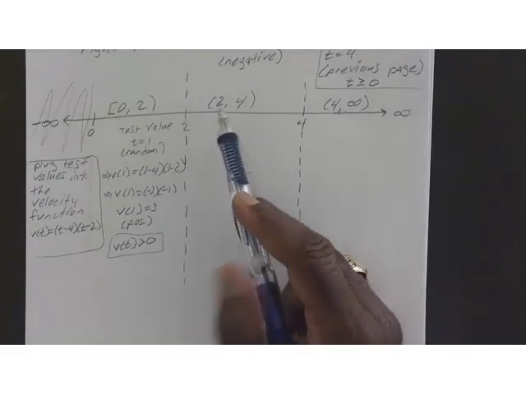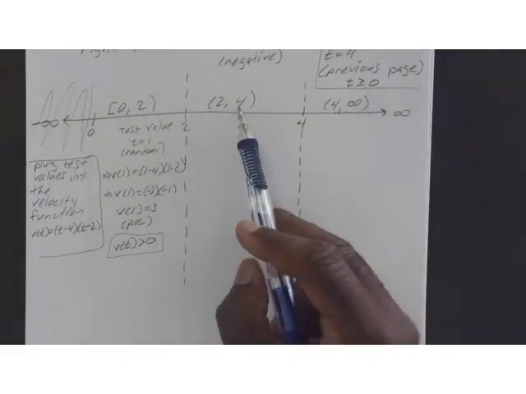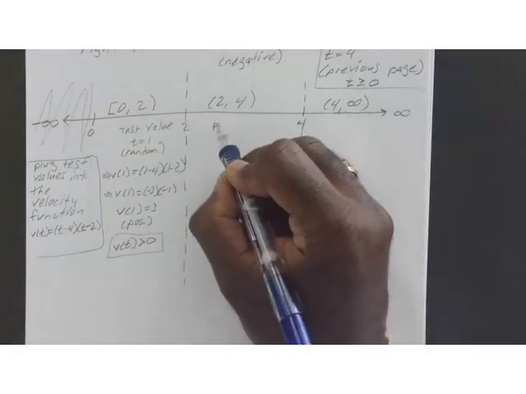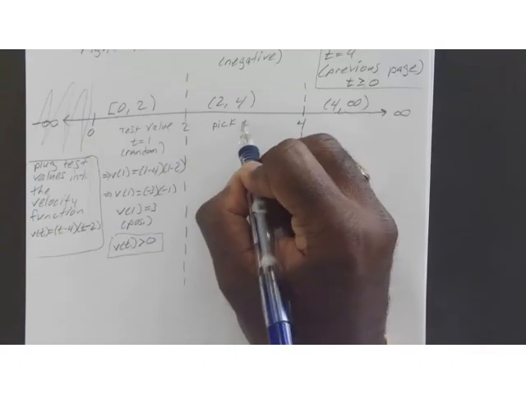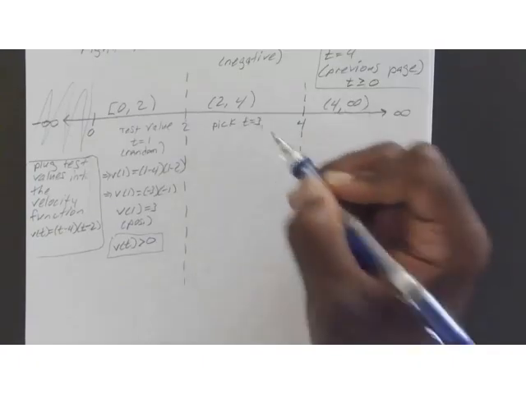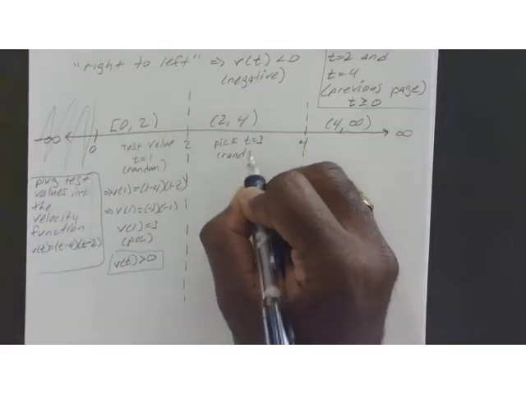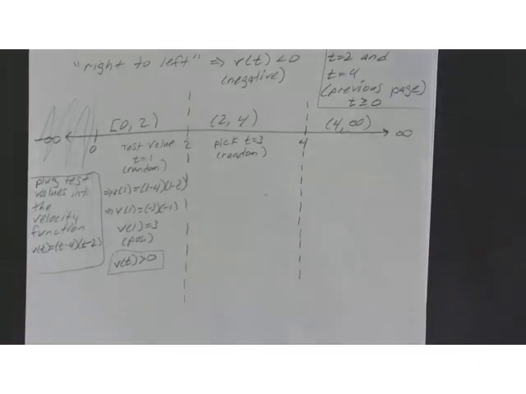Okay, now we do the same thing for the interval from 2 to 4. Again, you just pick any test value between there. I'll pick t equals 3 seconds. Again, that's completely random. Pick whichever number you like. You can pick 2.5 if you want to. That's perfectly okay. I just try to go with the easiest.